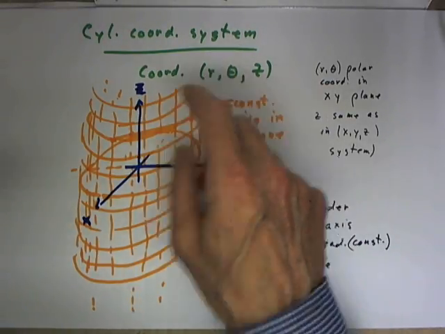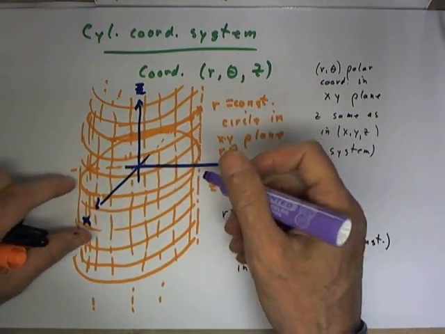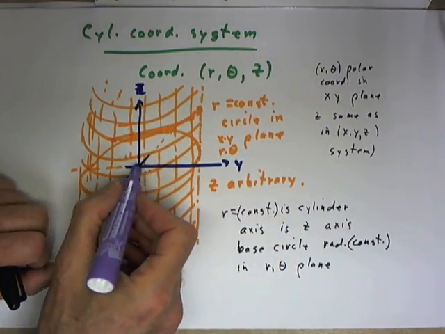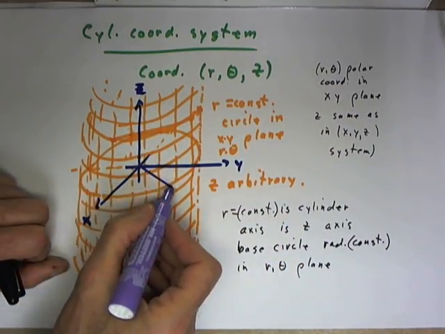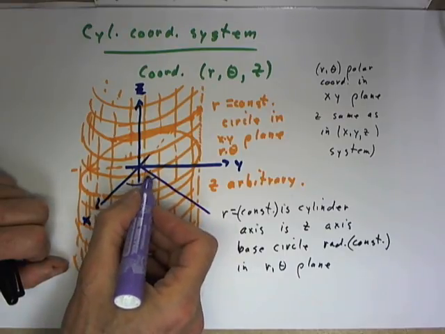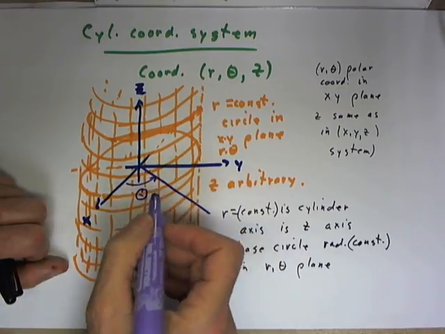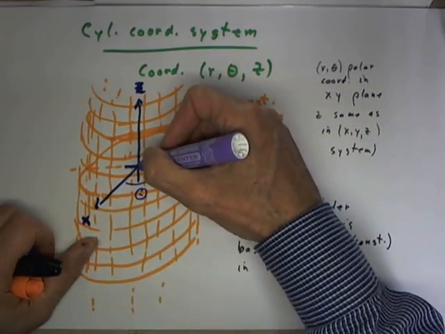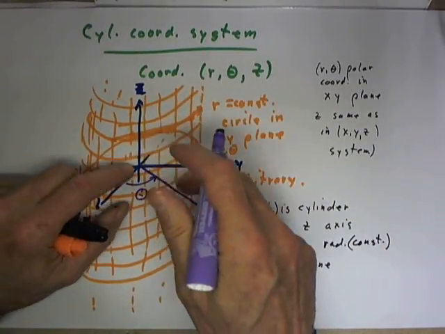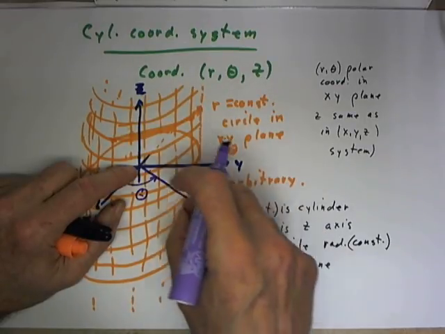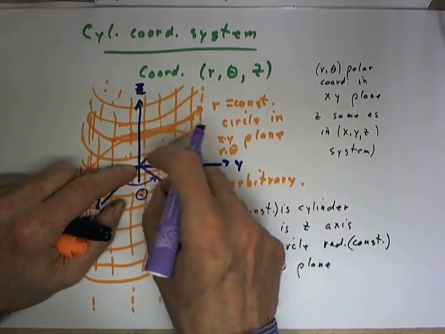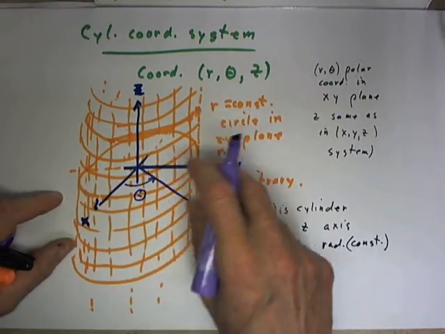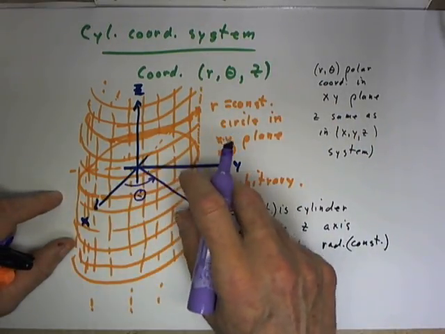Theta equals constant turns out to, in fact, give us a plane. If we confine ourselves to the xy coordinate plane, we have angle theta here. Now, for any positive r, that's going to give us a point that lies along this plane, as long as z equals 0, we're confining ourselves again to the r theta or xy plane.